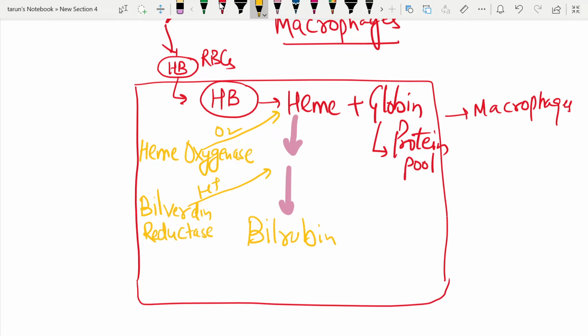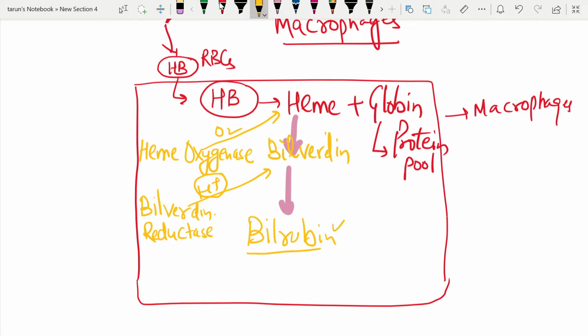When heme receives the oxygen with the help of heme oxygenase, it gets converted into biliverdin. This biliverdin receives hydrogen from the enzyme biliverdin reductase and converts itself into bilirubin. Now we'll see what happens to this bilirubin.